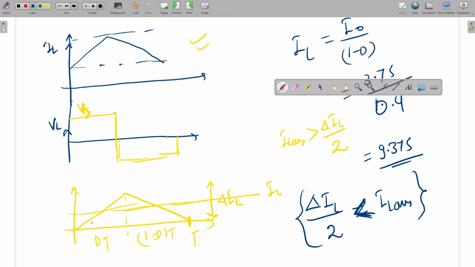How can we calculate delta IL? Delta IL means from here to here. In this waveform, the slope is y2 minus y1 divided by x2 minus x1.